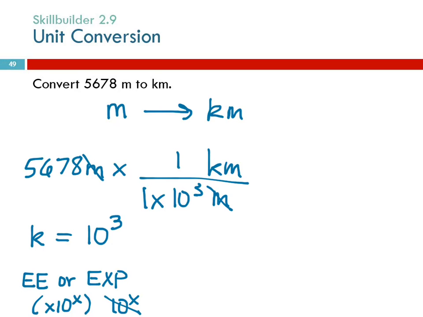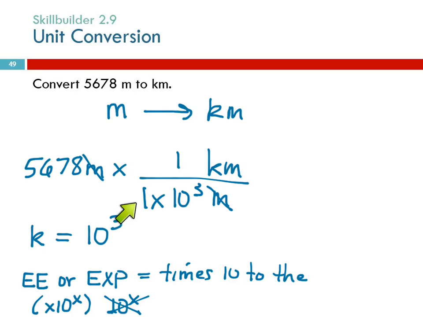That's something entirely different. But I'm going to talk about EE or EXP. Your calculator will have one or the other. They mean the same thing. Both of them mean times 10 to the. So when you press that button, you say to yourself, times 10 to the. And that'll keep you from throwing extra 10s into all your equations and getting all your answers wrong.